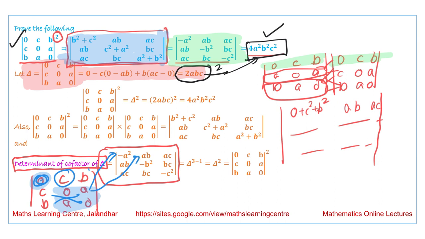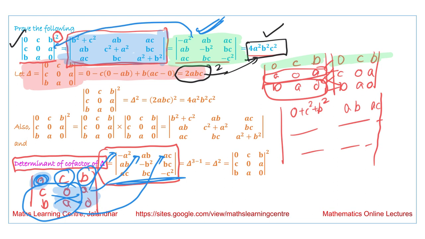Then corresponding to b, from this term it will be ac. This matrix is basically the cofactor matrix of this given determinant. And we know that the determinant of this cofactor matrix will be equal to delta square, and this is what we have to prove.